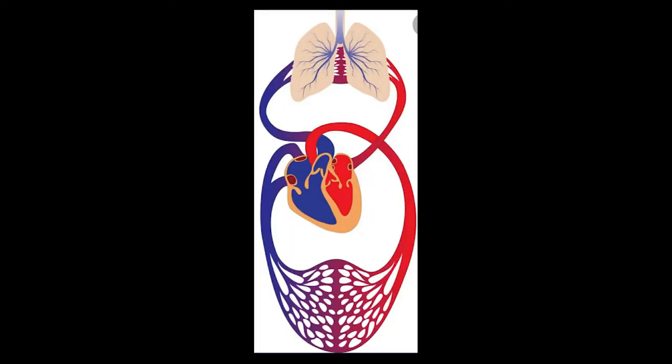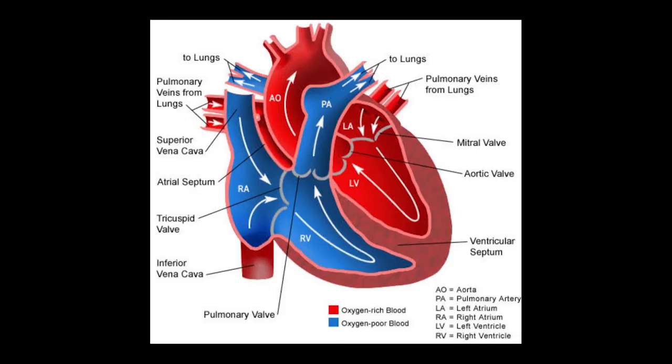Now we focus on its structure, that means heart structure. The human heart is a 4-chambered structure. There are 2 auricles and 2 ventricles, and each chamber is separated from the others by muscular partitions.